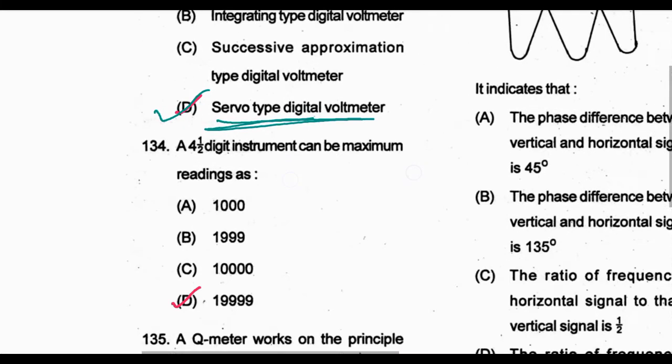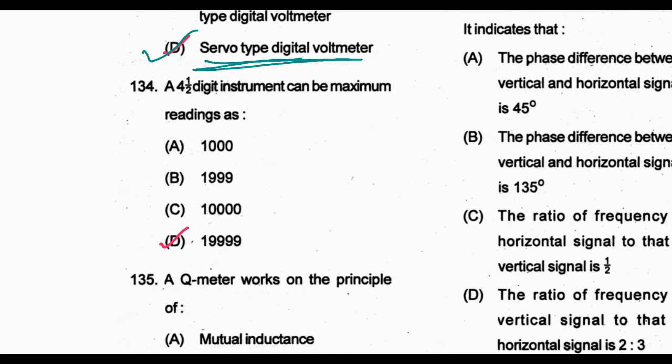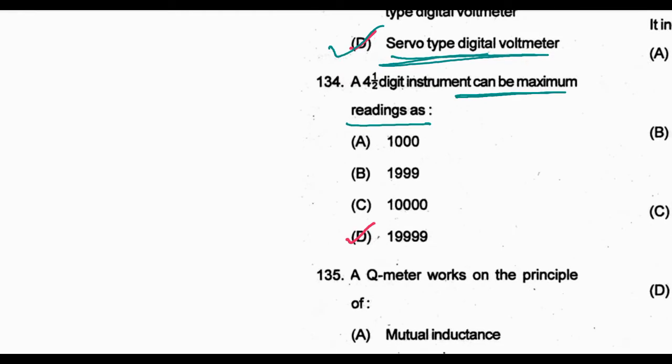Next question: a 4 and a half digit instrument can read a maximum value of what? This language is not perfect. So a 4 and a half digit means there are total 5 digits: 1, 2, 3, 4 and 5.